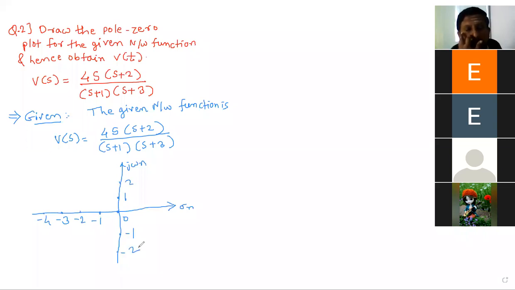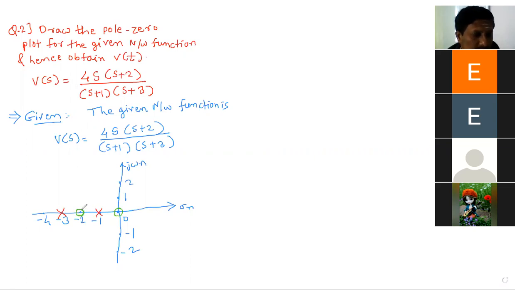So how many zeros are there? How many poles are there? 2 poles and 2 zeros. So poles are at S is equal to minus 1 and S is equal to minus 3. If you compare with the previous example, the poles are the same. Now next, zeros. 2 zeros are there. One zero is at 0 and another zero is at minus 2.